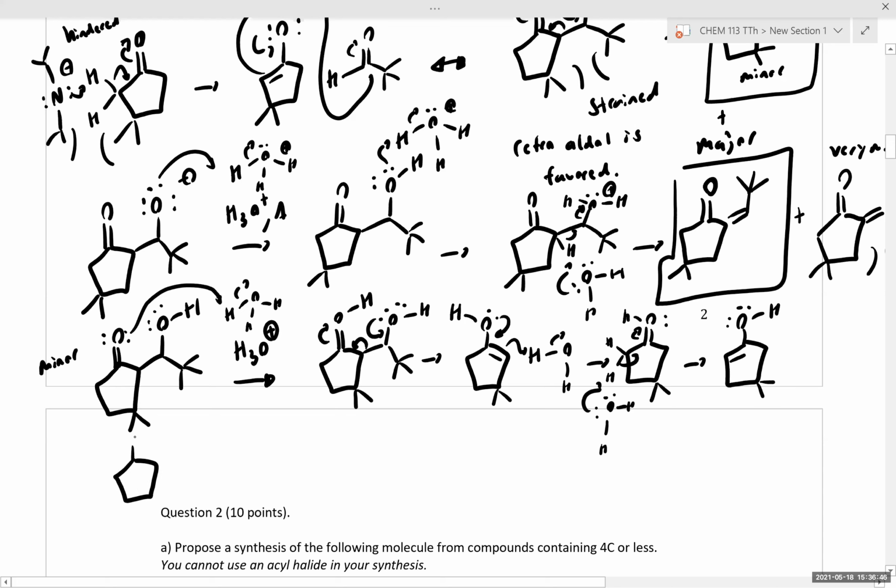Because now we have the following enol tautomer that can then react with our electrophilic aldehyde via an acid catalyzed aldol.